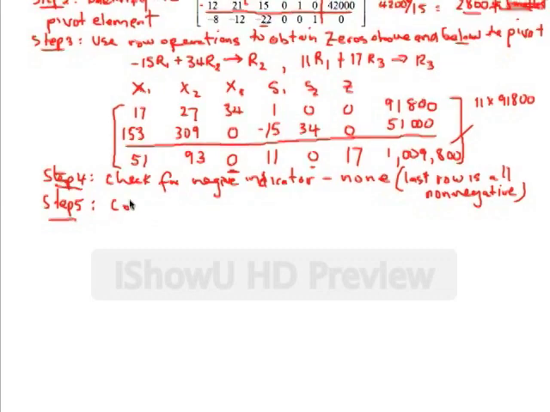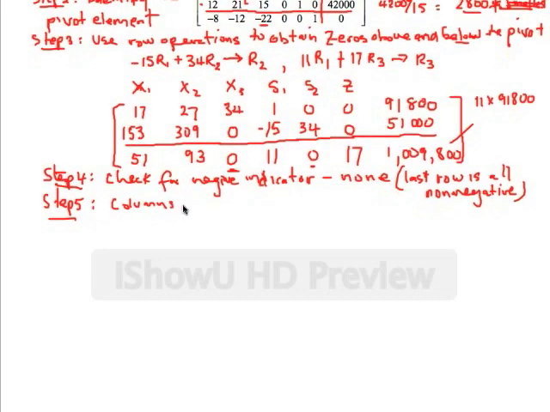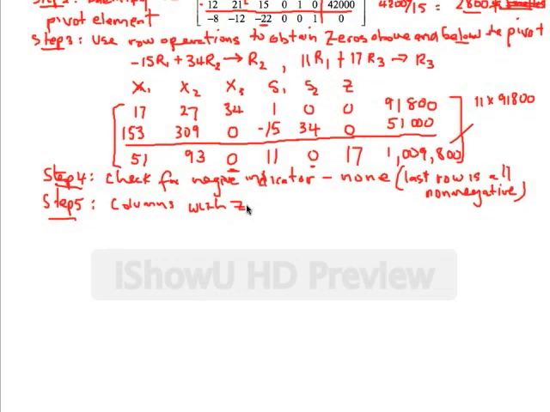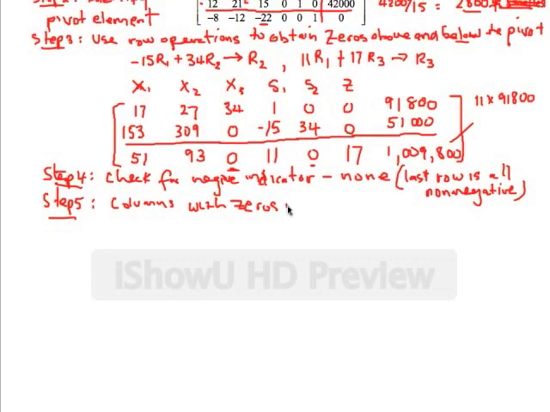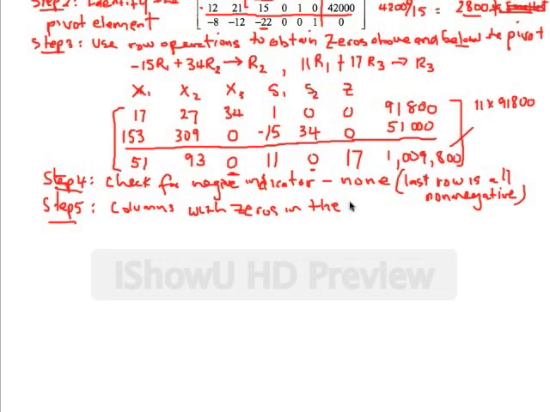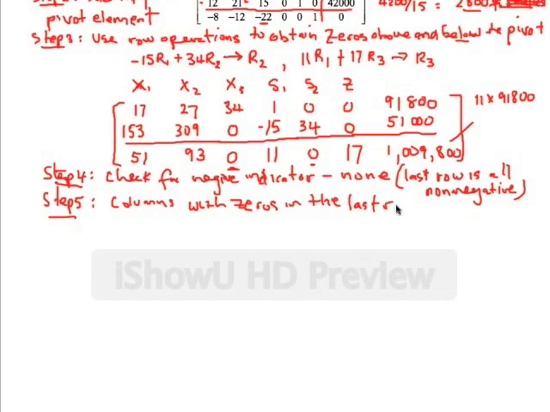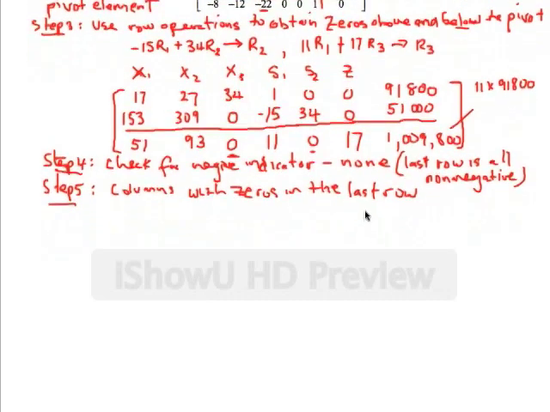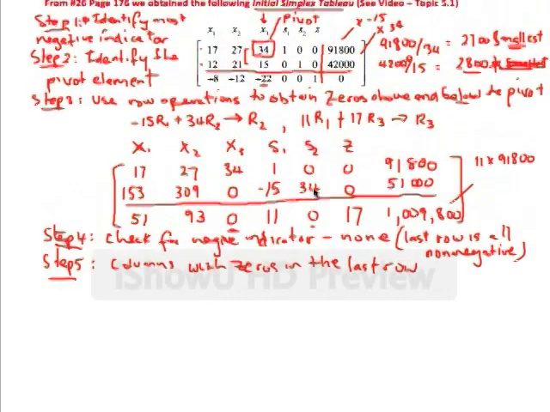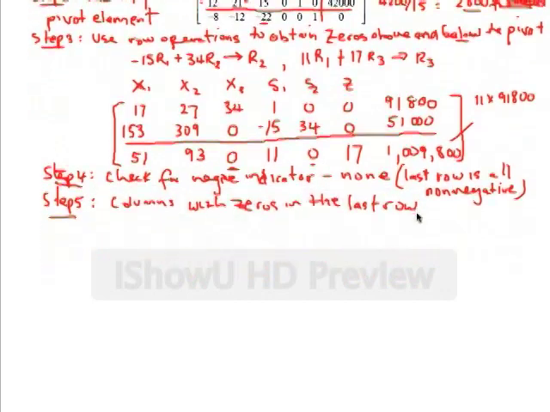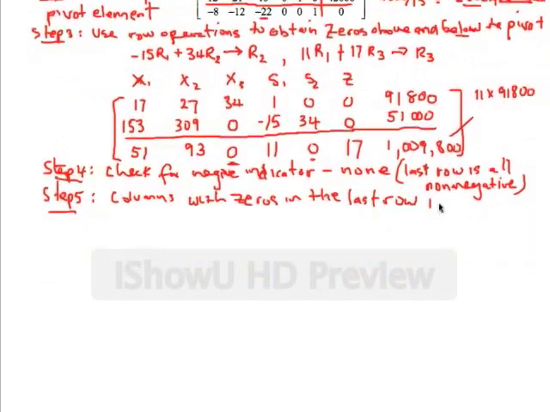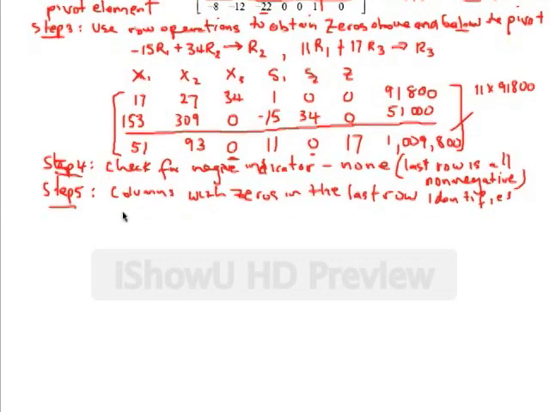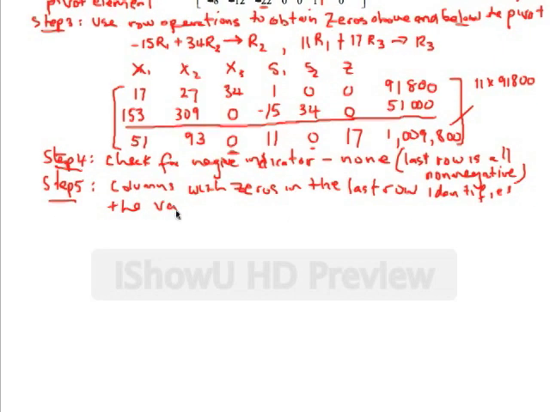The columns with zeros in the last row identify basically the variables that we are going to keep.